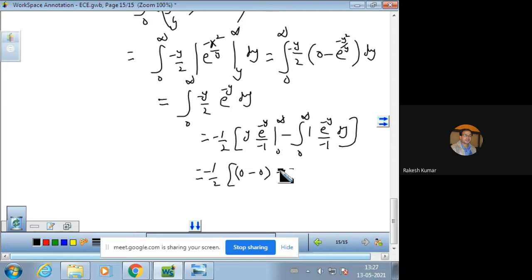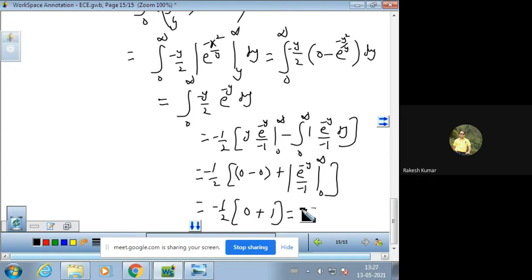So this is a plus, minus minus plus 1, e raised to power minus y integral is e raised to power minus y over minus 1, 0 to infinity. So this is minus 1 by 2, and put the upper limit infinity here, you will have 0, and for the lower limit 0, you will have plus 1. And, ultimately, you should have, okay, this is the negative term actually.